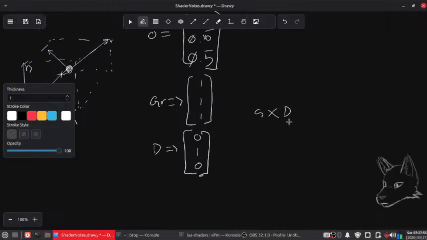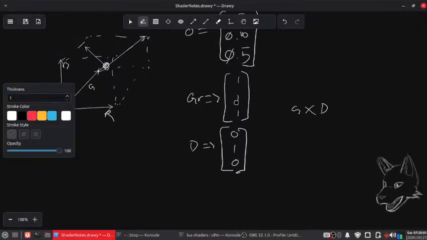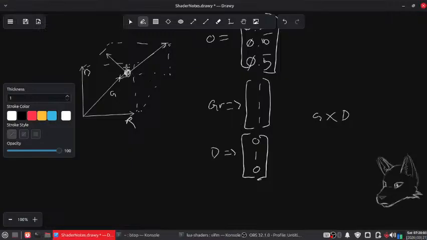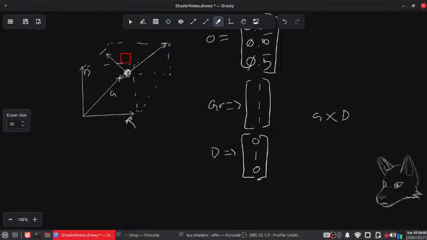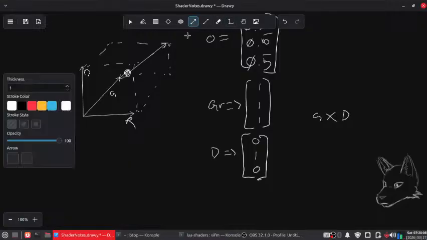And I forget how to do it. Because it is actually over here, right? Because you're kind of looking at it from the side.